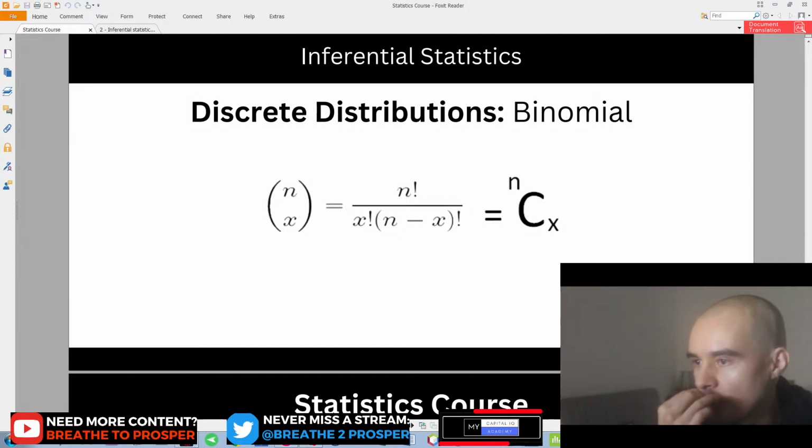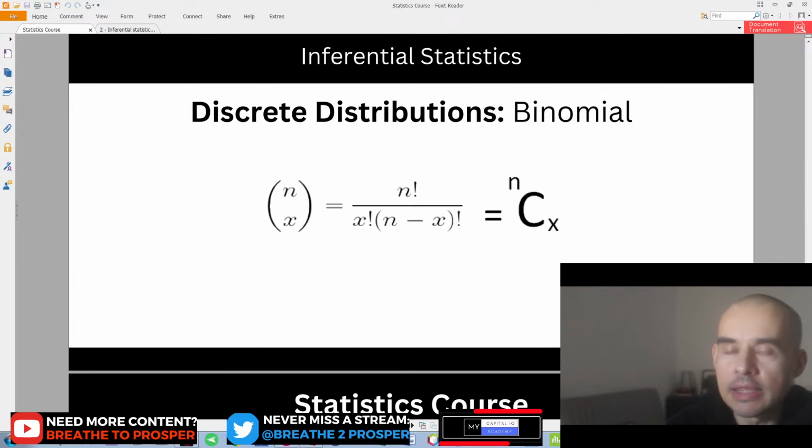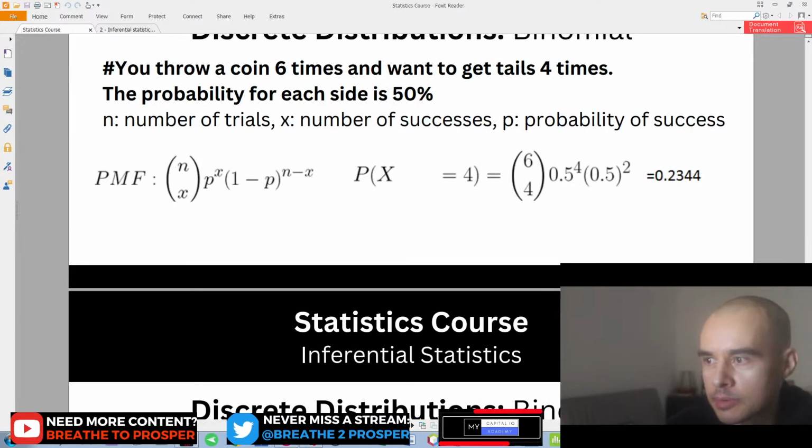So with combinatorics, you have the number of occurrences, and you have the probability of success, which is X, and the number of events that you want. So the number in total and the number of successes that you want. So we throw a coin 20 times, N, and we want 7 successes. This is a combinatorial problem.